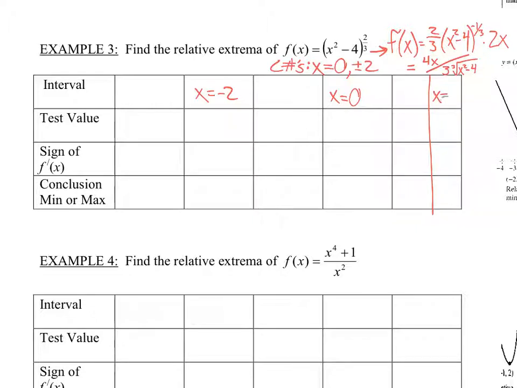But they didn't give me an interval. How do you know what intervals to use? That's a good question. We're going to go everywhere from the left, so -infinity up to -2, then the interval between -2 and 0, the interval between 0 and 2, and then the interval from 2 to +infinity.